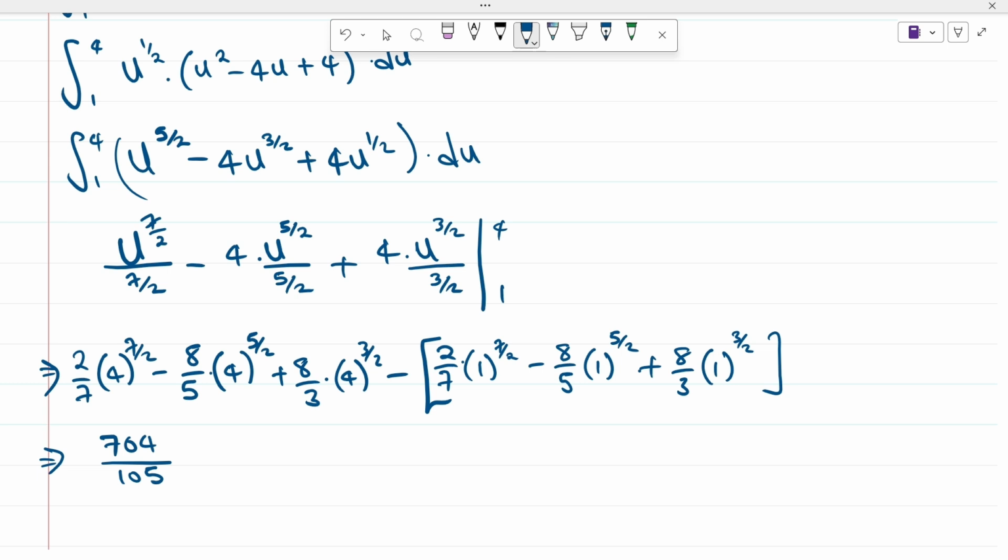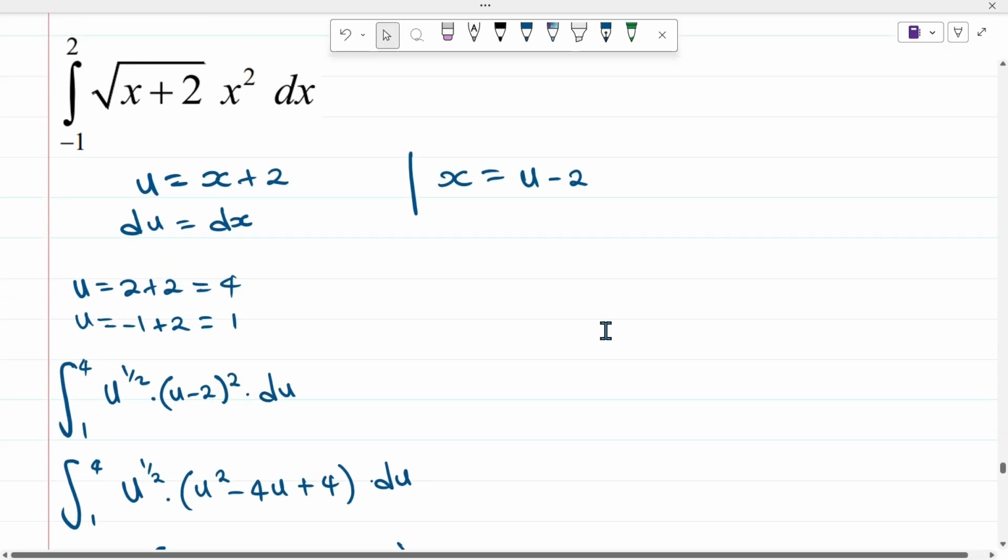This is going to be minus 82 over 105. So at the end of the day, the total is 704 minus 82 divided by 105, which is 622 over 105. But let me verify first before I conclude.